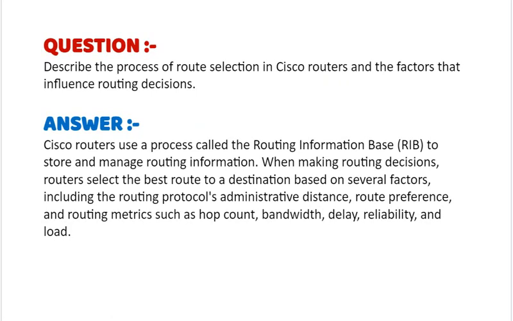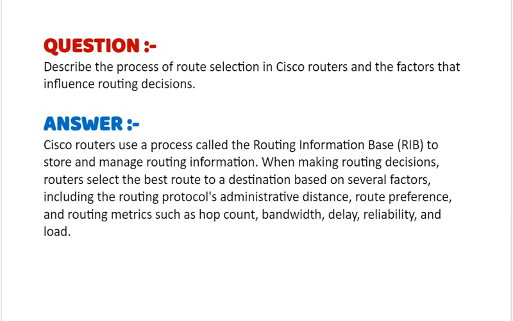Our interview question based on Enterprise Advanced Routing and Services is: describe the process of route selection in Cisco routers and the factors that influence routing decisions. Your answer should be: Cisco routers use a process called the Routing Information Base (RIB) to store and manage routing information.